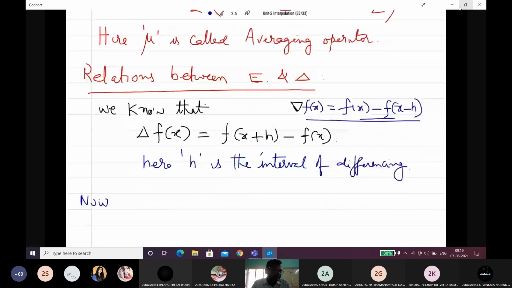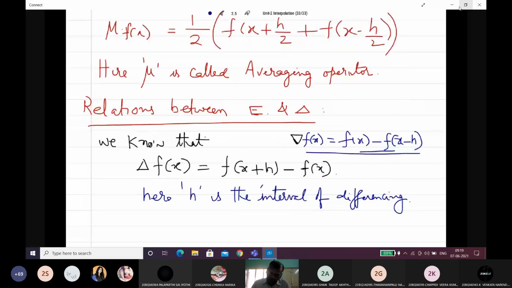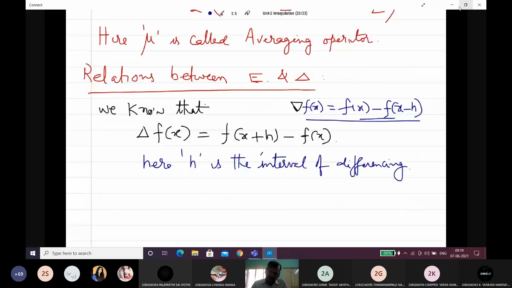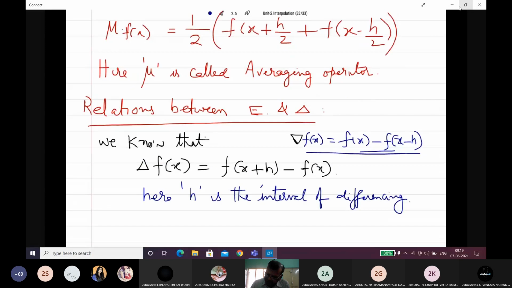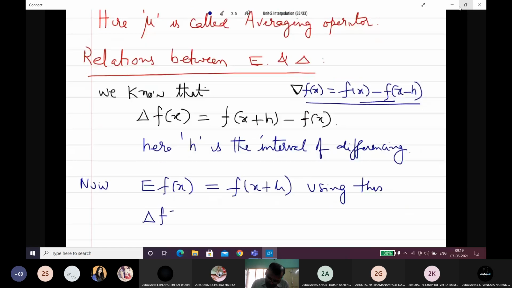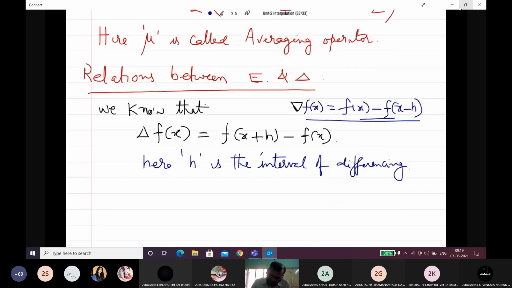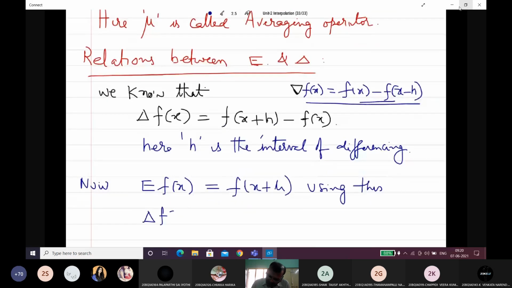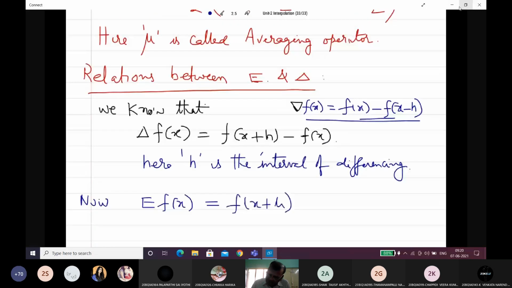E of f of x is f of x plus h. Now, using this in the above, we write it in place of f of x plus h. Delta of f of x is equal to E of f of x minus f of x.